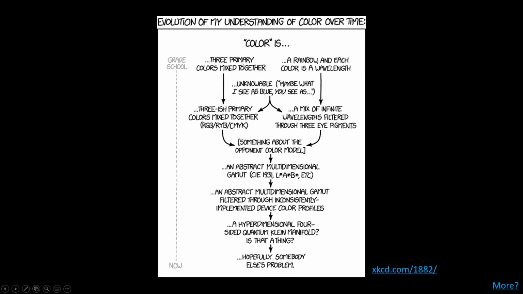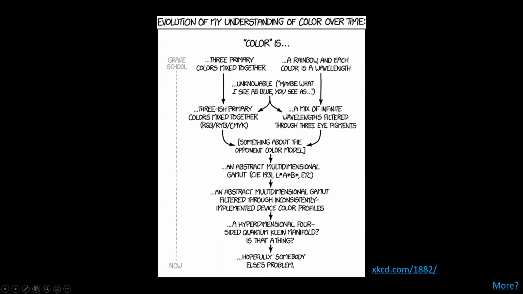Three primary colors mixed together, or a rainbow where each color is a wavelength. Then: unknowable, maybe what I see as blue you see as something else. Then three-ish primary colors mixed together, so RGB, RYB, CMYK, etc. Then a mix of infinite wavelengths filtered through three eye pigments.